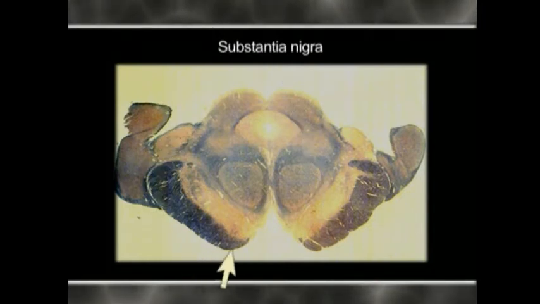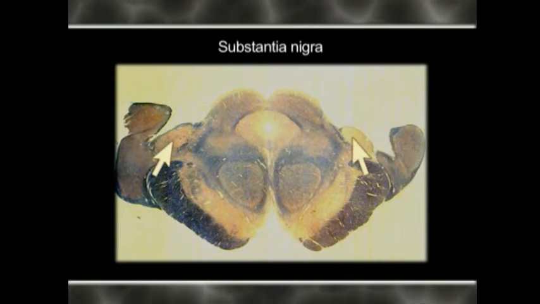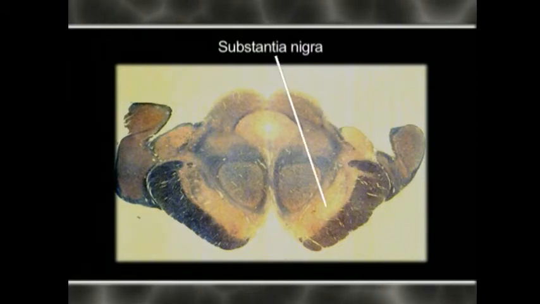Remember, here's our midbrain, and because it's rostral midbrain, you also see caudal diencephalon here. If you look here, here was our lateral geniculate and our medial geniculate in the thalamus, but the rest of this is all midbrain. And the substantia nigra is a major structure in the midbrain, and it's the structure that's going to be very important again in Parkinson's disease.